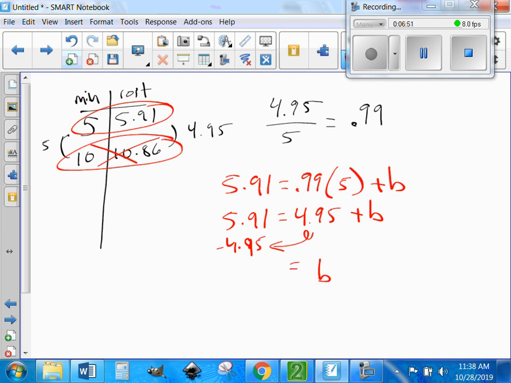So we get that b is 96 cents. In other words, you have a one-time fee of 96 cents. So the equation that relates the cost given the minutes would be y equals 0.99x plus 0.96.